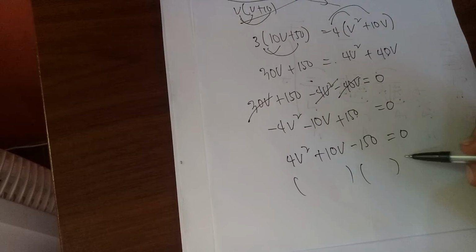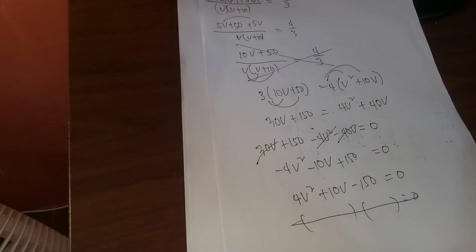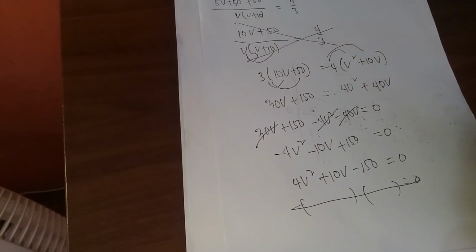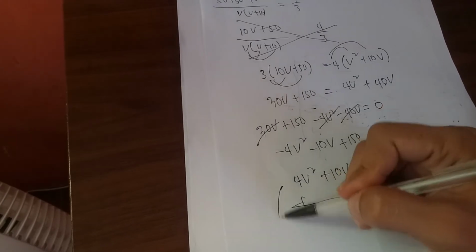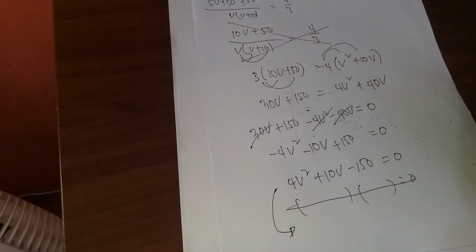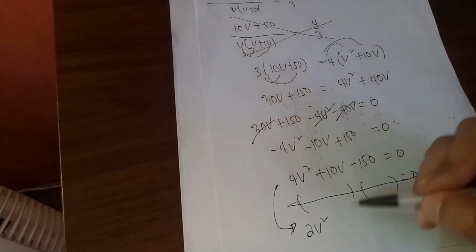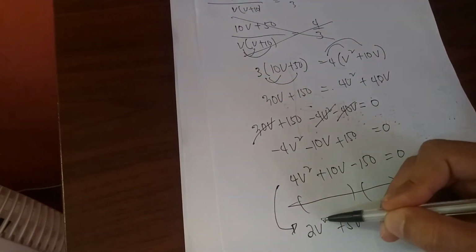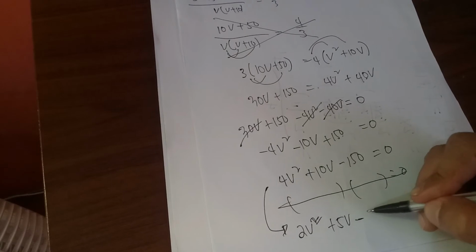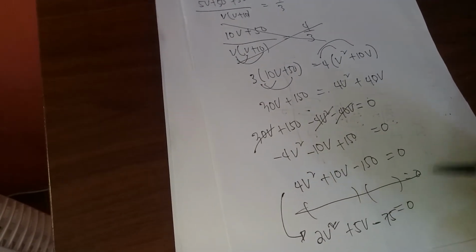Okay, let us, oh no, before that, let us rewrite it into simplest term. Half of 4 is 2v squared. Half of 10 is 5v. And half of 150 is 75 equals 0.